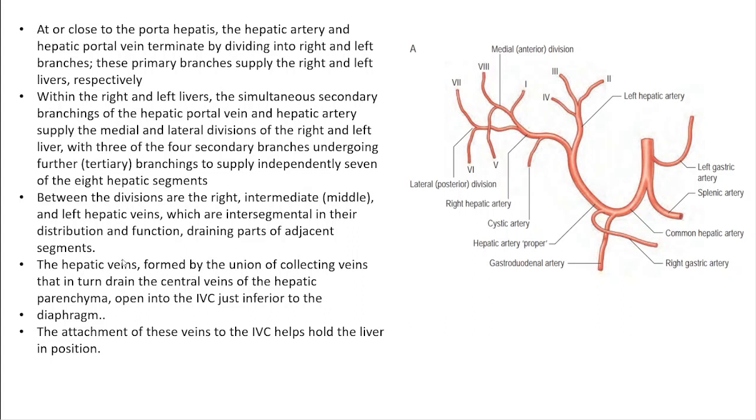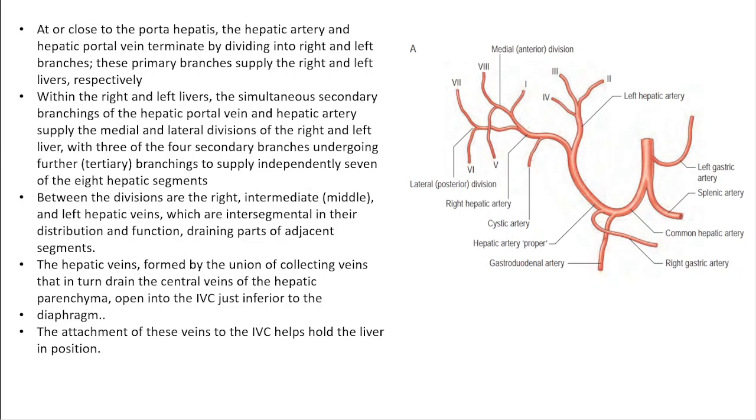So how are the hepatic veins formed? If you remember the histological architecture of the liver, the hexagonal hepatic lobules which we had studied, at the center of each hexagon there was a central vein. Those central veins are going to unite to form the hepatic veins. This right lobe of the liver will be drained by the right hepatic and middle hepatic veins.